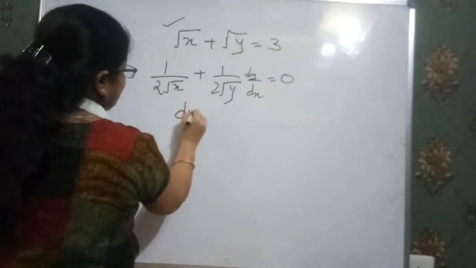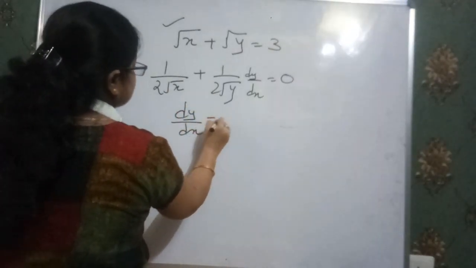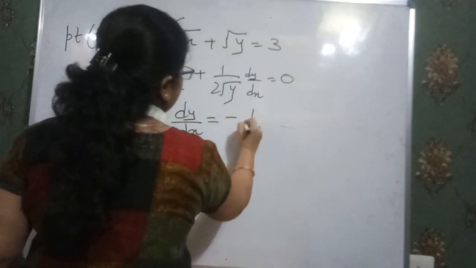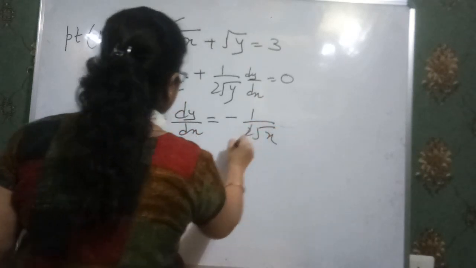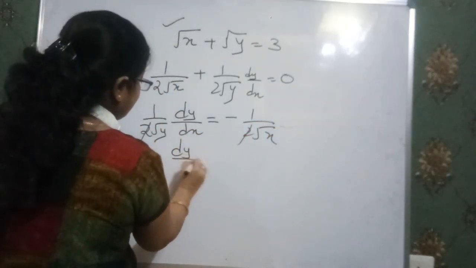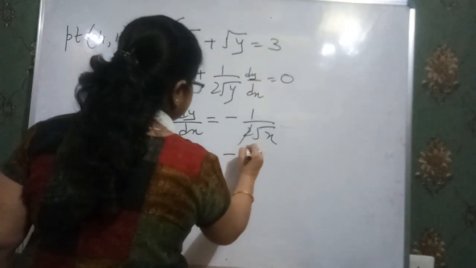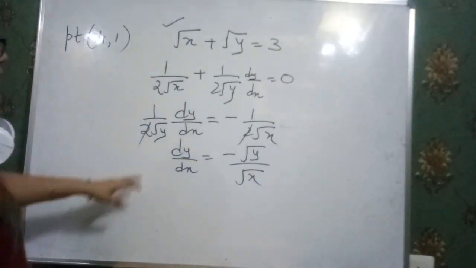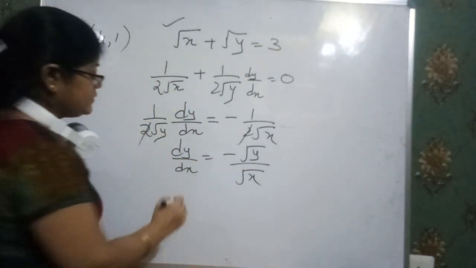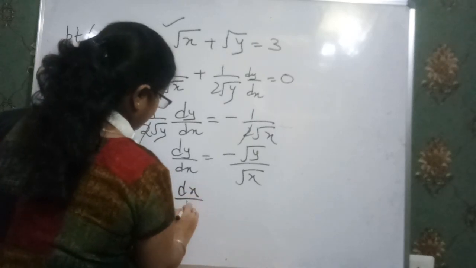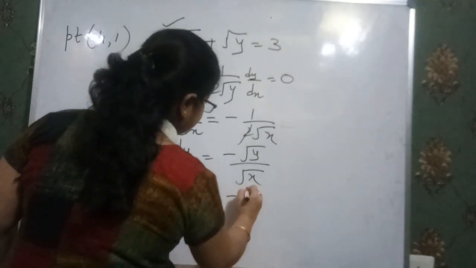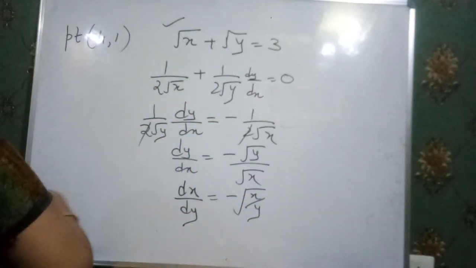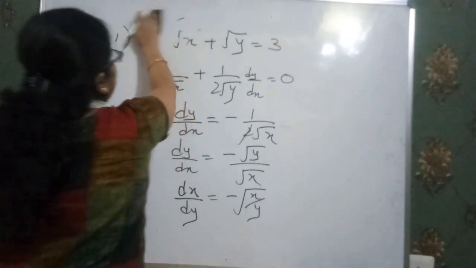So dy by dx is equal to minus 1 upon 2 under root x divided by 1 upon 2 under root y. It gets cancelled. So dy by dx is equal to minus under root y upon under root x. But we have to find dx over dy. So we just invert it. dx over dy is minus root x over root y. We just take the reciprocal of that. Now I am substituting the values.